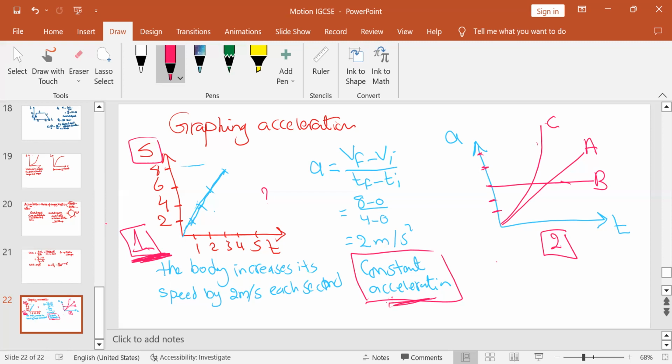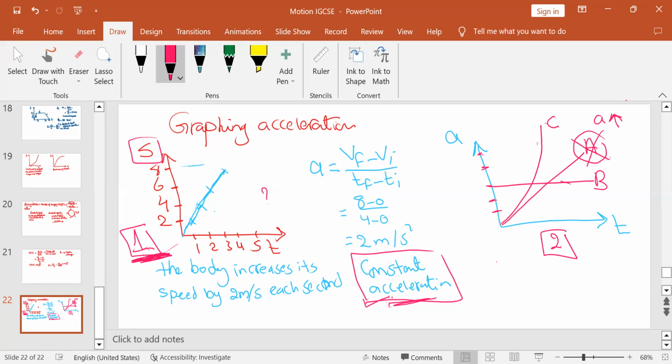That means from graph 2 we want the one that represents a body moving with constant acceleration. Here A, not A. Why? Because A here means the acceleration increases. In graph 1 did we say the acceleration increases or is constant? Constant. So we need a graph that represents constant acceleration.